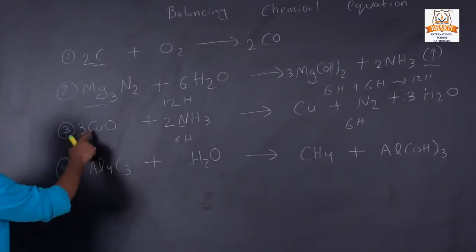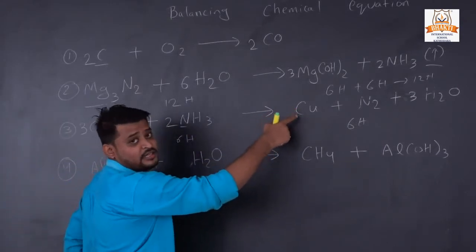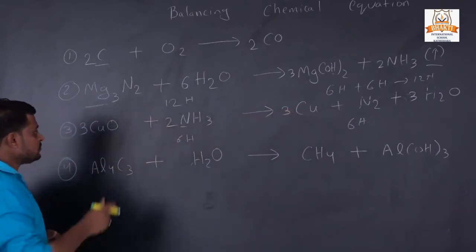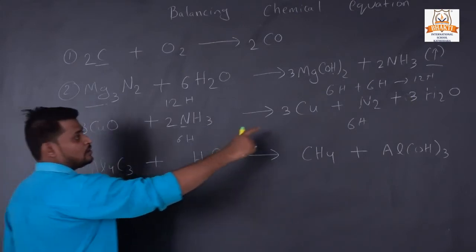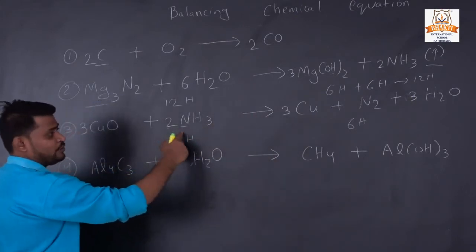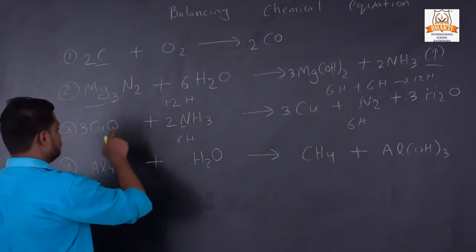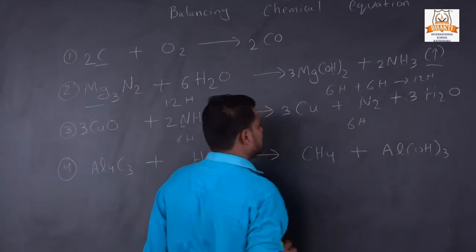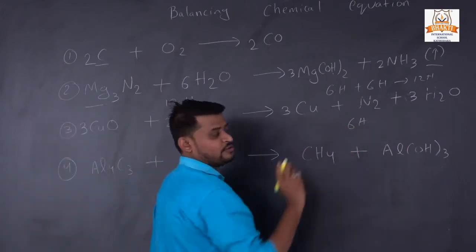Now here copper 3, here copper 1, means we have to multiply copper in the product with 3. So again we will change. So we will again see 3 copper, 2 nitrogen, then oxygen, here 3 oxygen, here also 3 oxygen, now here 6 hydrogen and 6 hydrogen.